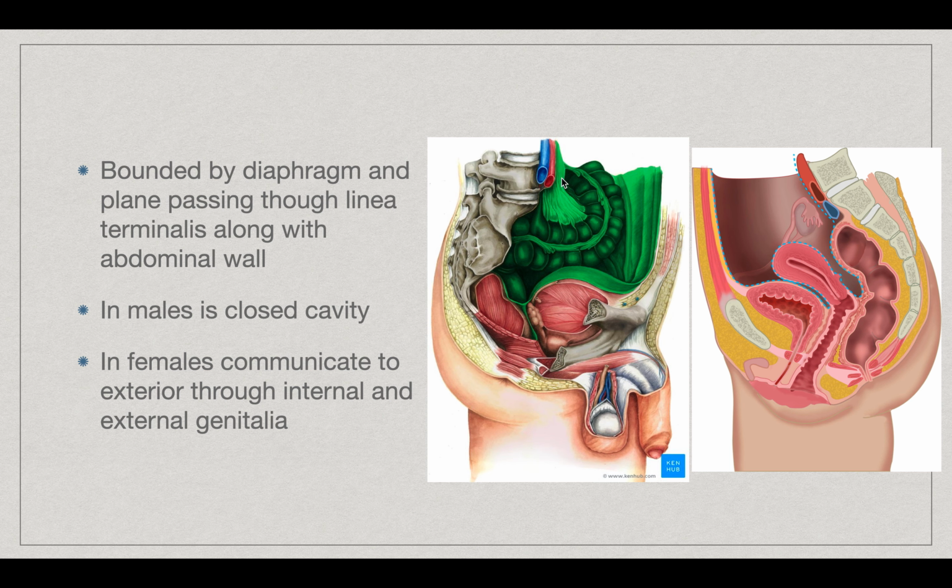It's bounded by the diaphragm up top and the plane that passes through the linea terminalis along the abdominal wall. So you would see it kind of like coming in a coronal section, just kind of hitting the abdominal wall on this end, and then the spinal cord on this end.